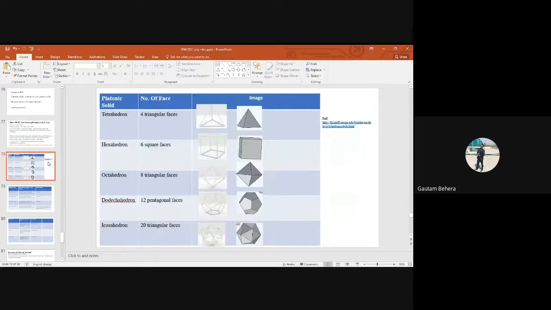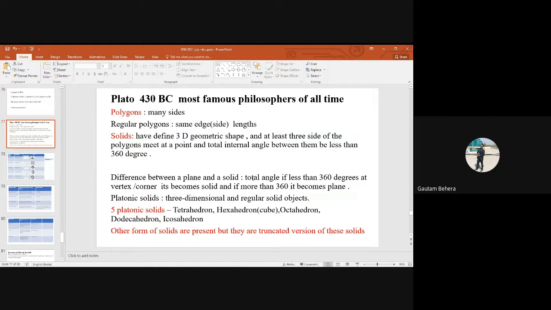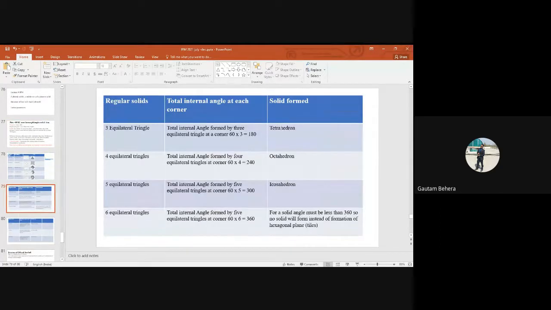So you can take a tetrahedron and measure the internal angles at these corners, and you'll find the same, that is 180 degrees. And you can just remember, total angle if less than 360 degrees at vertices or corner, it becomes a solid, right? So obviously tetrahedron is a solid now. Tetrahedron solid, fine.